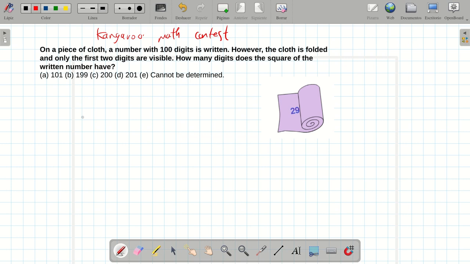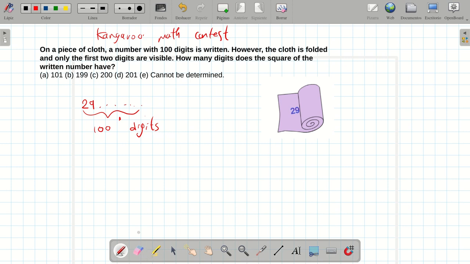Because we have this number which has 100 digits. Oh, sorry for that, digits. It's a very, very scary problem, a spooky problem.